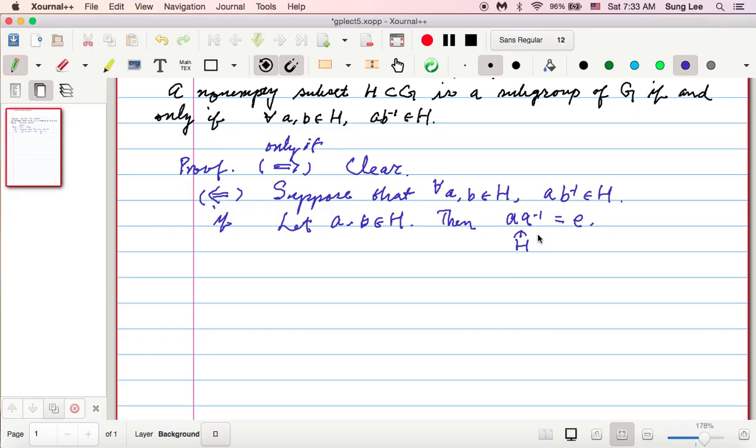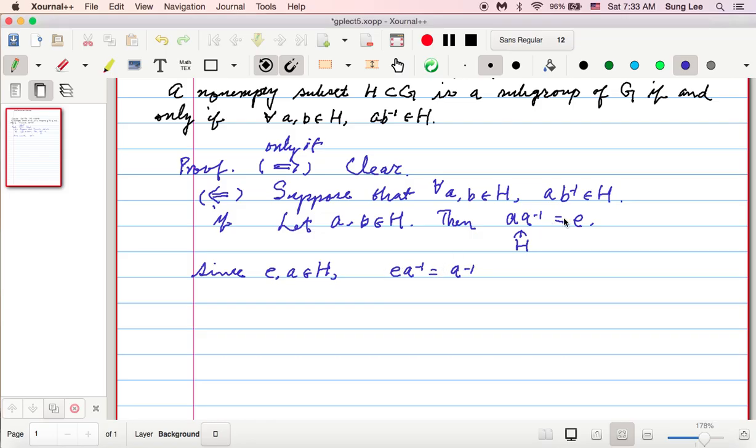Next, now we know that the identity E is in H. So since E and A belong to H, E A inverse, which is A inverse, right?